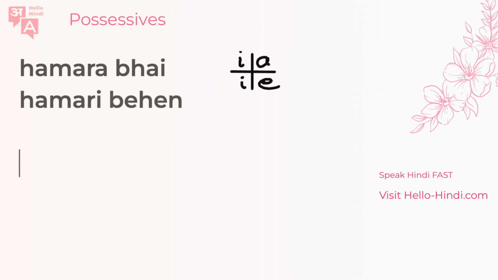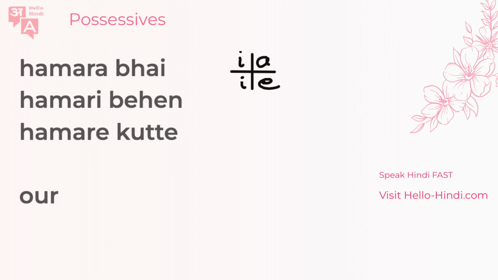I think you're getting this, hamari behen. And the last one, how can you say our dogs? Let's say it's a mixed group of dogs. Remember, a dog is kutta, but let's say kutte is the plural of this, and you can say hamare kutte. So that's how you say our. This is our brother, our sister, our dogs. This is the our possessive.